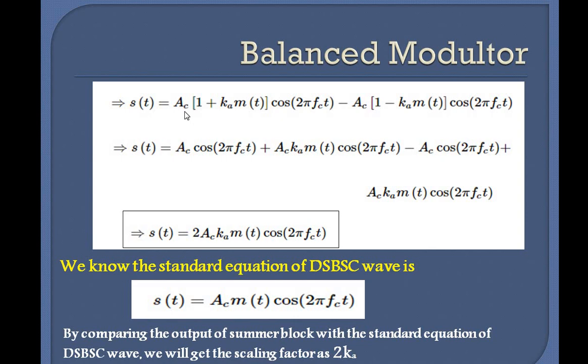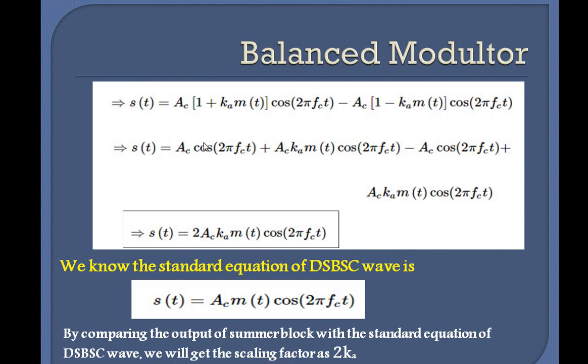S of t, the first one is the normal amplitude modulated equation Ac of 1 plus Ka m of t into cos 2 pi fct, minus, we have to do the subtraction of both the equations, so minus Ac of 1 minus Ka m of t into cos 2 pi fct. Now I'll simplify the equation. What will I get over here?